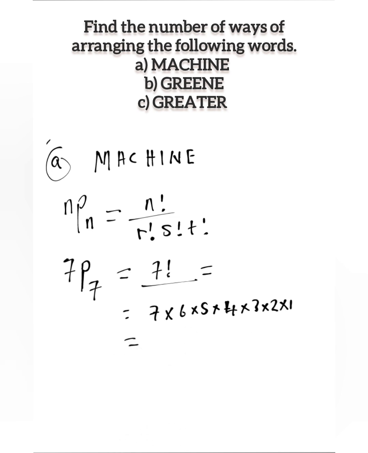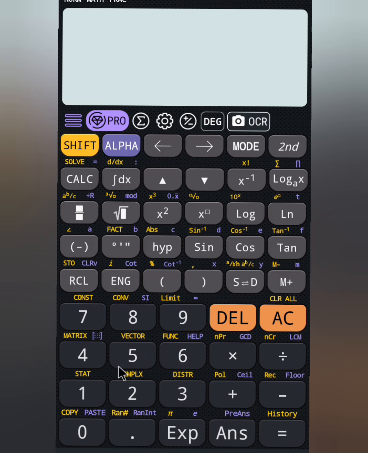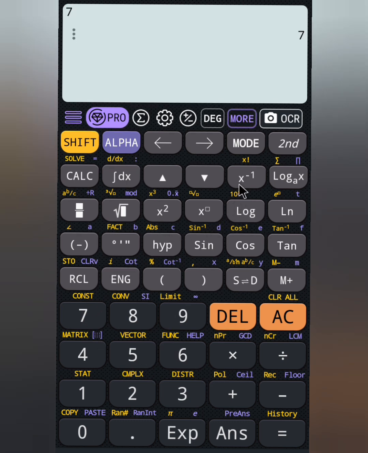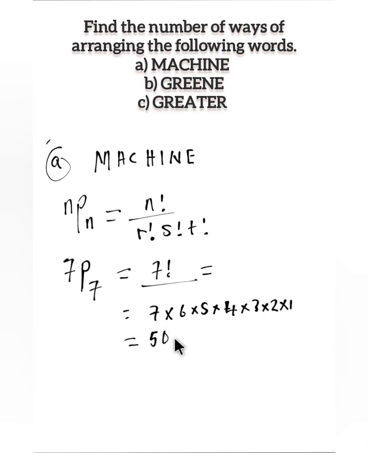Or you can just go straight to your calculator and type in 7 factorial. Factorial is a symbol here, so to access it, press shift factorial, and the answer is 5040. So there are 5040 ways of arranging the word machine.